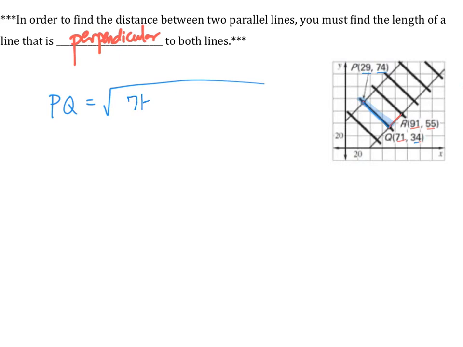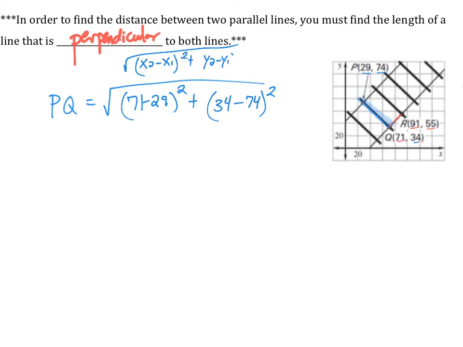So 71 minus 29 squared plus the y's when you subtract them, 34 minus 74 squared. This is the distance formula. And just so you know, it comes from this. This was from earlier this year, quite a while ago.